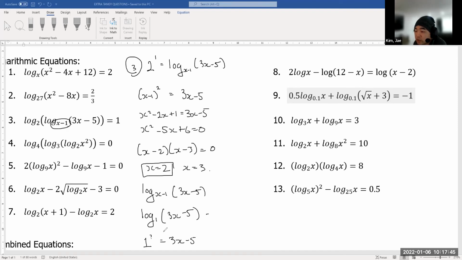The answer could be anything. You get what I'm saying? You wouldn't know what the exponent is because any number will still just give you a 1. So it's undefined. There are way too many answers. That's why I believe this is rejected, and so this would be an extraneous root, and only x equals 3 is accepted.